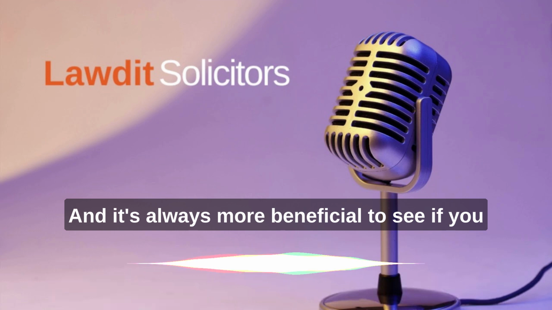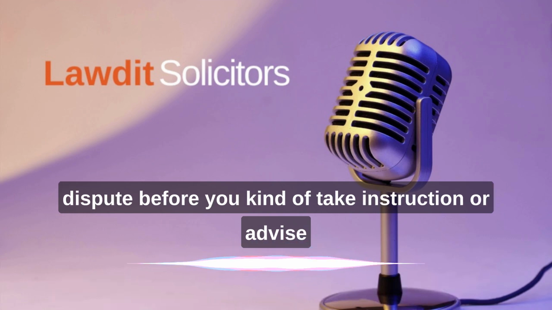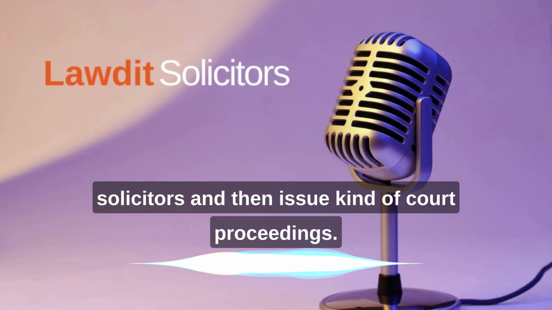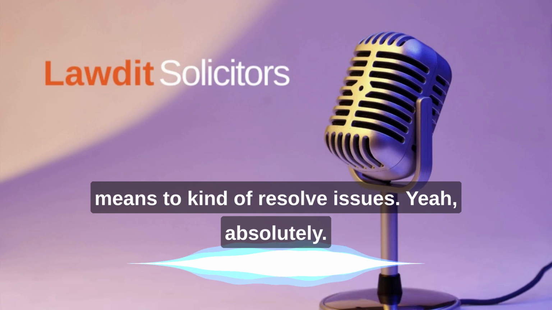And it's always more beneficial to see if you can exhaust all options and try and resolve any dispute before you take instruction or advise solicitors and then issue court proceedings. So we always try and suggest alternative means to resolve issues.